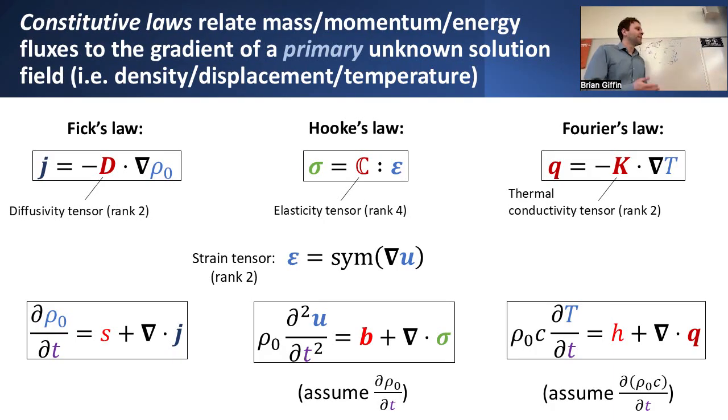It so happens that, at least in this case, there are some really interesting direct analogs between all three of these different domains of physics: mass transport, or if you like, just general transport of any kind of concentration of some substance; also mechanics, as well as heat transfer. All of these domains have an analog in trying to define some quantity that establishes what the flux of material is dependent on, something to do with the density.